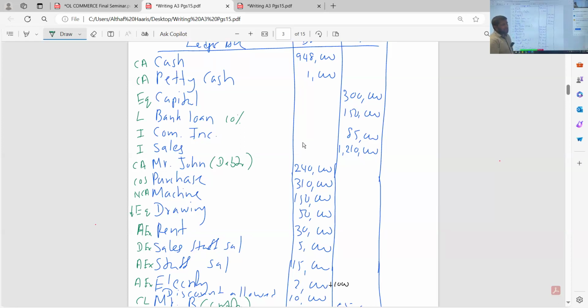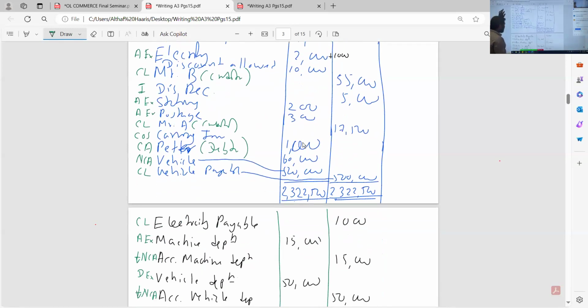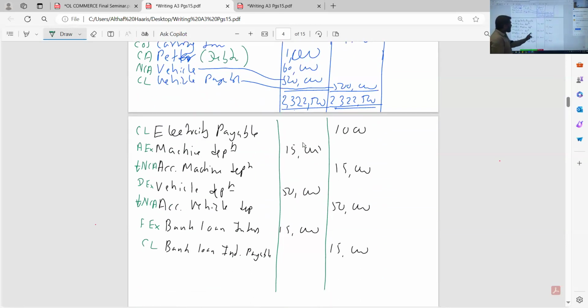So if interest is not yet paid, what is the double entry? Interest expense debit, interest payable credit. That's what we did here. Imad, superb.